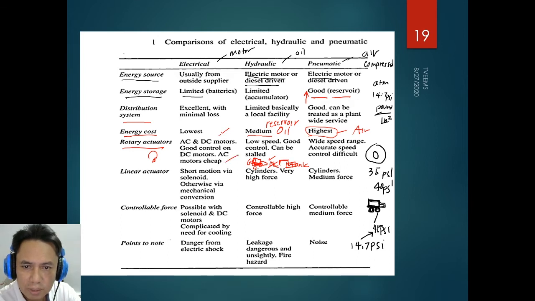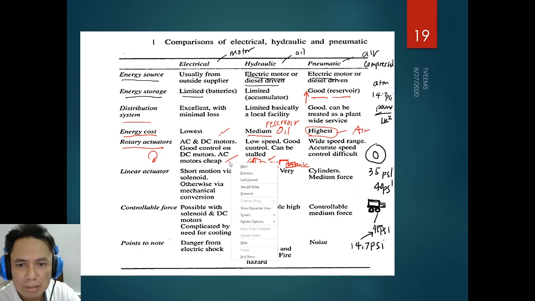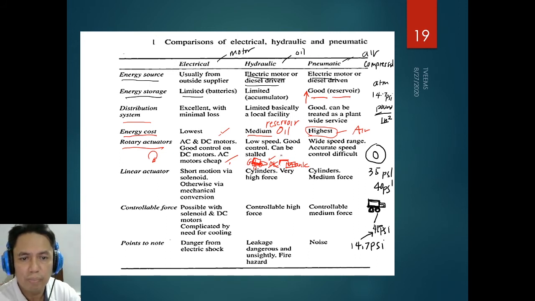Unlike electric motors, where an overload could damage the coil, the stator winding or the rotor winding. Here, nothing will burn. In the electric motor, it immediately burns after it senses the overload. But in hydraulics, the overpressure just goes to the tank.